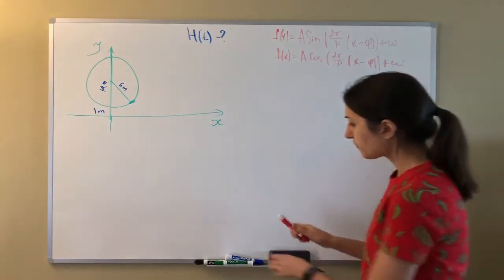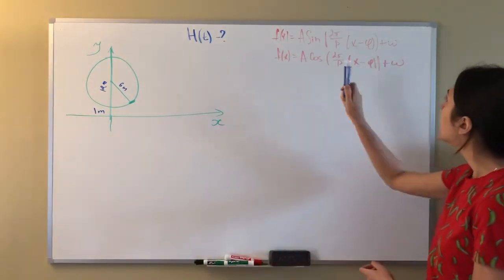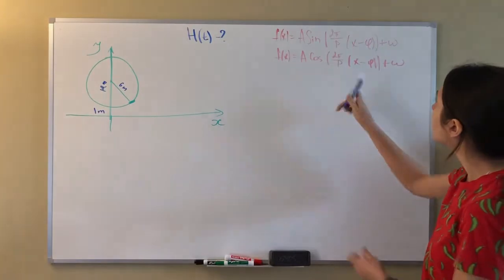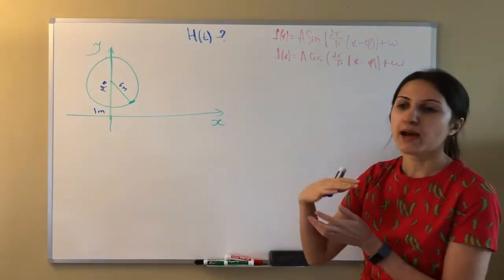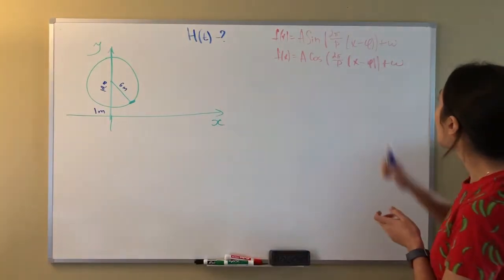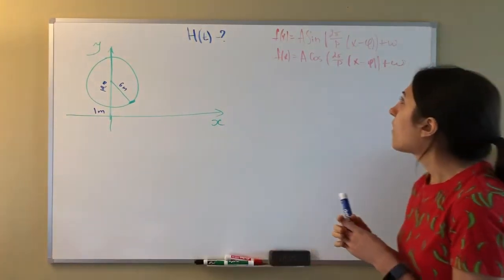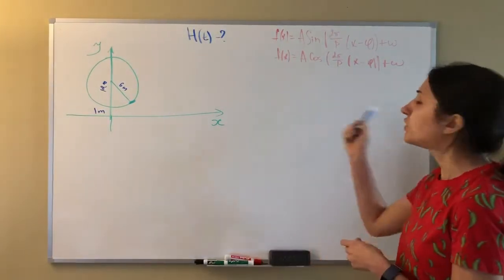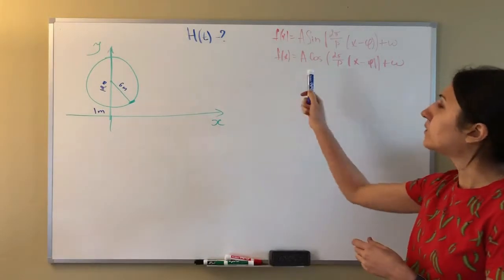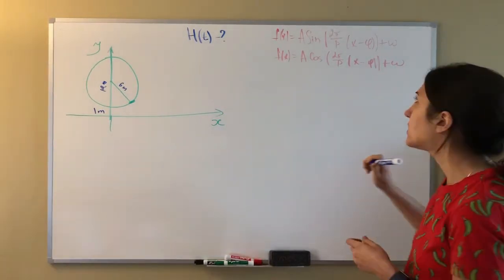Where A represents amplitude, P here is period. This is our horizontal shift, right or left, it depends on the sign, and our real axis, or also midline, W. So how to find it, maybe some of you already know, but just to remind you, amplitude is maximum value minus minimum value divided by 2.